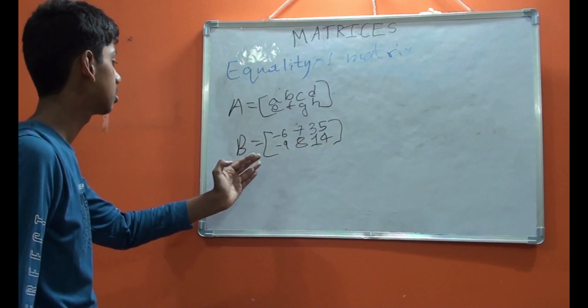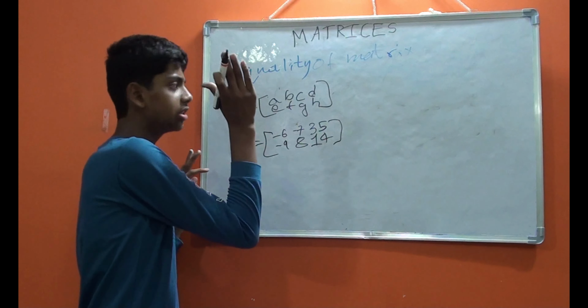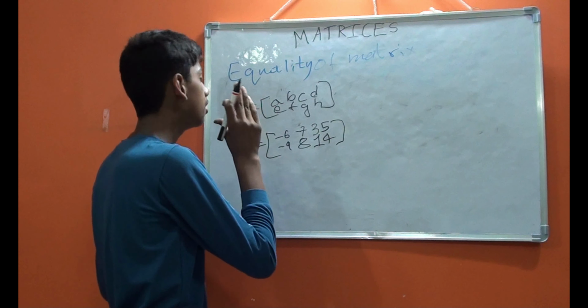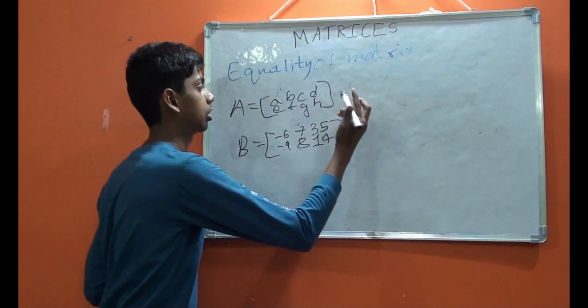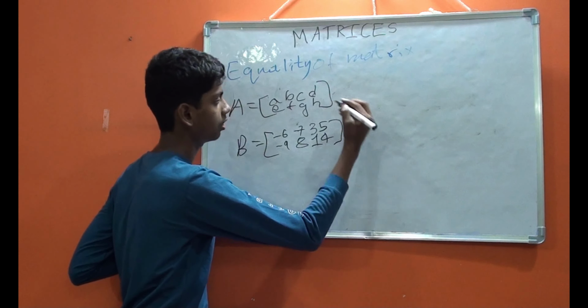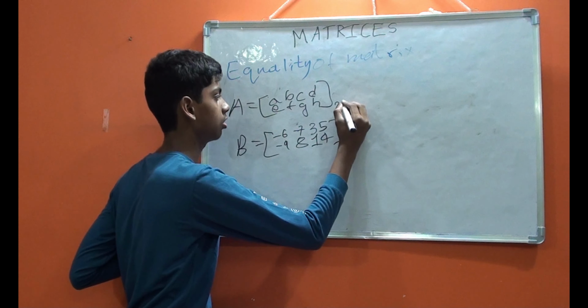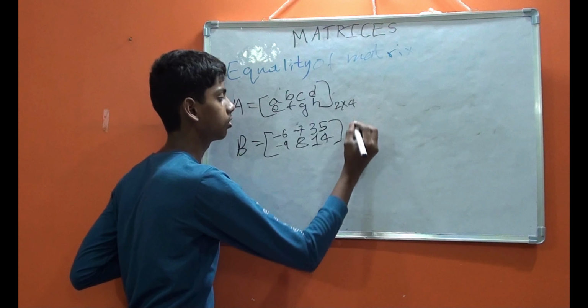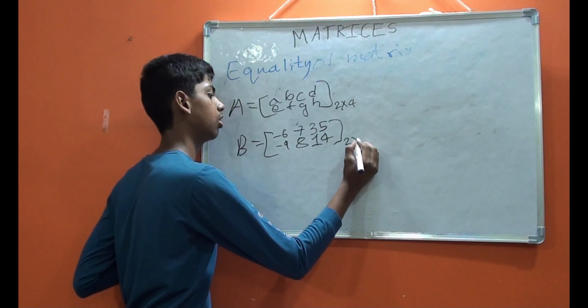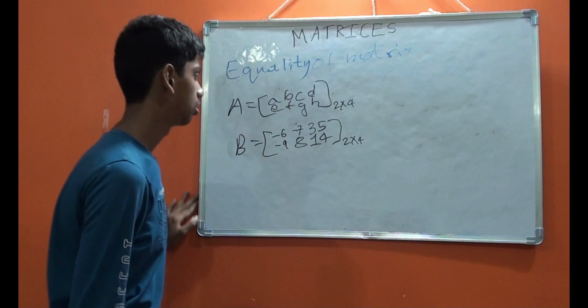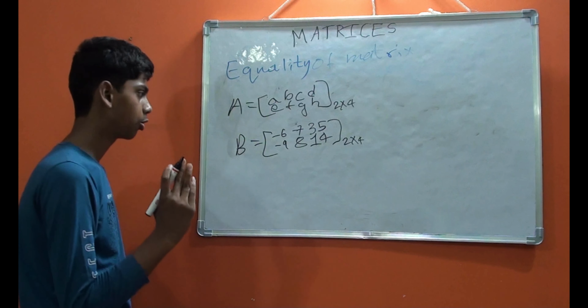So these are two matrices with the same order. The first matrix's order is 2 into 4 and matrix B's order is also 2 into 4. So both matrices have the same order.